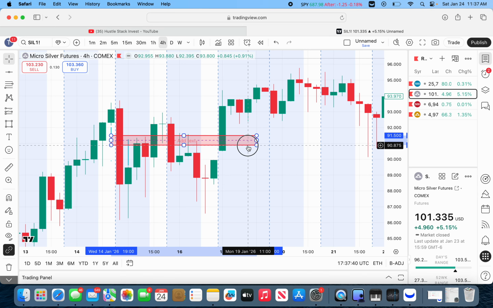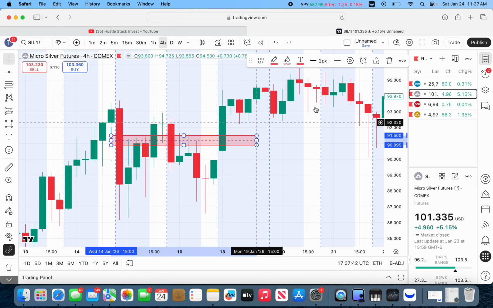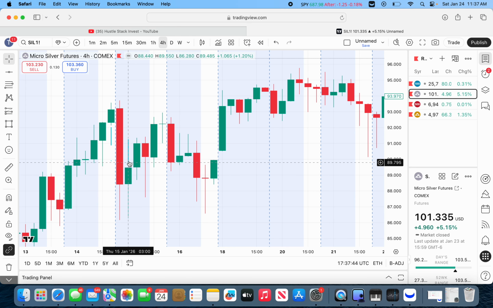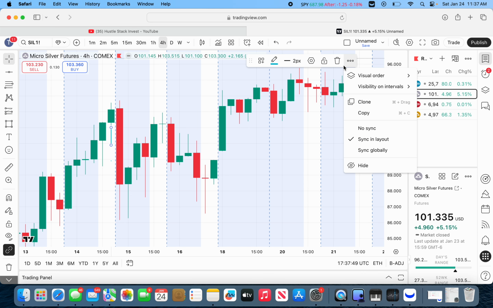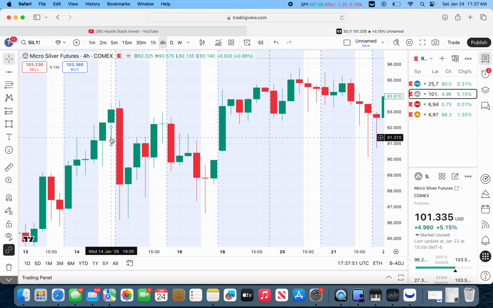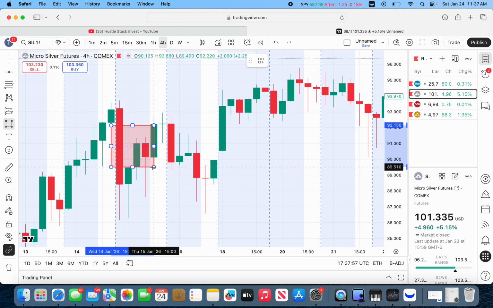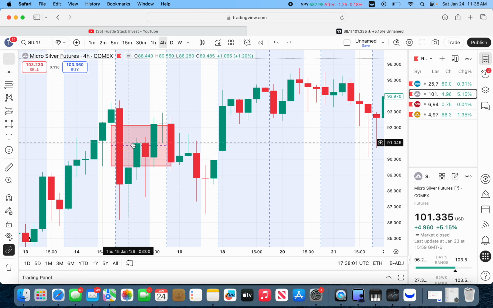So pay attention to that, and that's why you should always draw out this little rectangle. You feel me? Draw out the little rectangle so you can see where the gap is. But in this example, we can see that it actually did leave a gap here. So that's why we went off of that. From the end of the first candle to the bottom of that third candle, it was actually a gap.